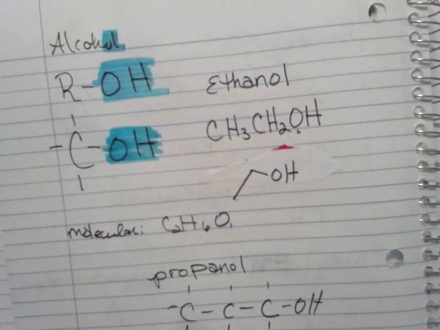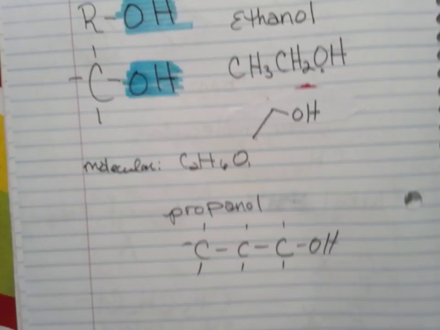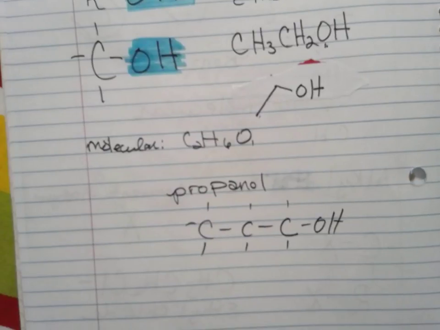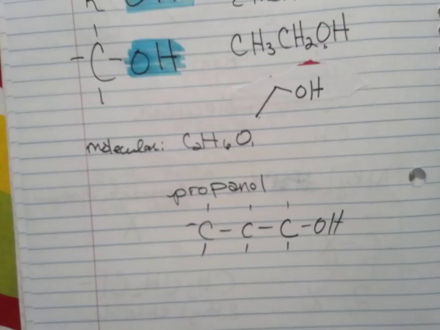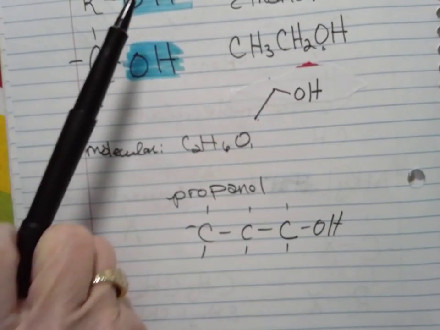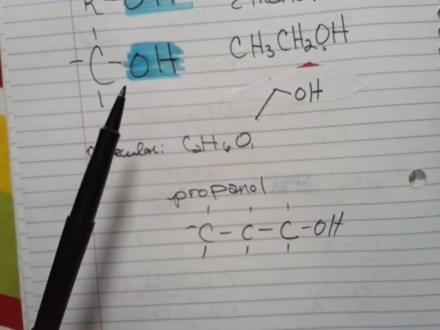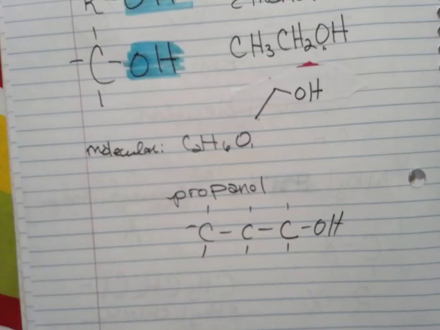Later on in this chapter, you're going to be asked to write the formula for ethanol, write the formula for propanol. There's a way to do that, but we're not there yet. What we want to know now are the functional groups, so I'm giving you multiple examples. Your book gives you one example, but I'm going to give you a couple.